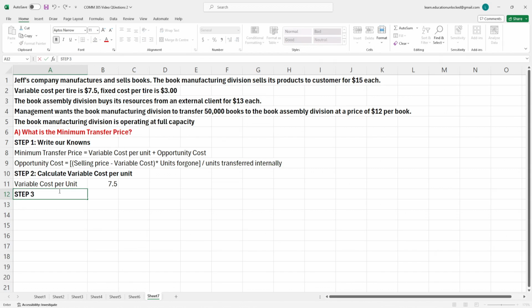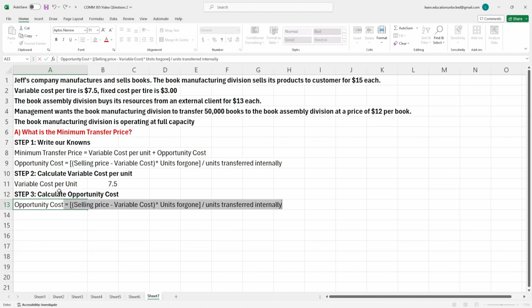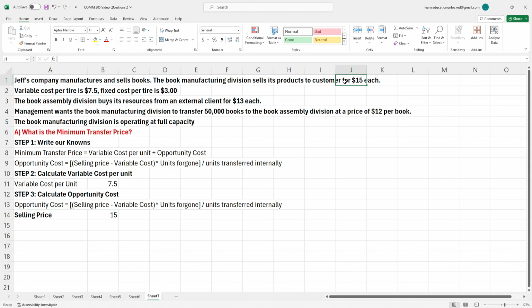And so step 3, let's calculate our opportunity cost. And our opportunity cost is this formula. We have selling price, which is $15. You can see 15 from the first line up here. We have variable cost, so 7.5, and these are all in dollars. Just so it's more clear for you guys, I'll put this as well in dollars.